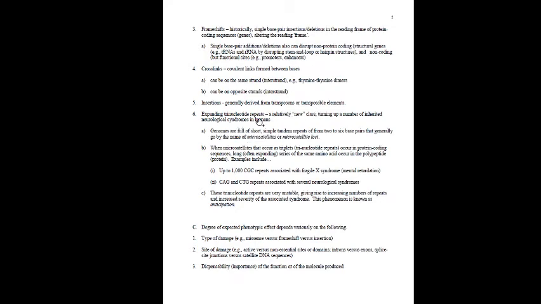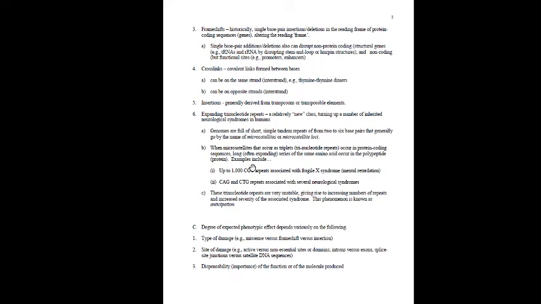Now trinucleotide repeats are a relatively new class, turning up in a number of inherited syndromes in humans. Genomes are full of short simple tandem repeats of 2 to 6 base pairs that generally go by the name of microsatellites. When these occur as triplets in protein coding sequences, they produce long series of the same amino acid in the polypeptide.